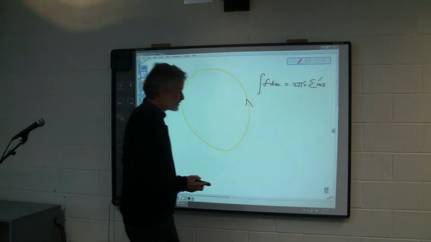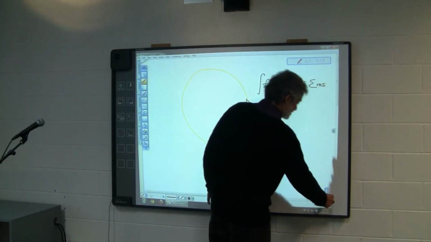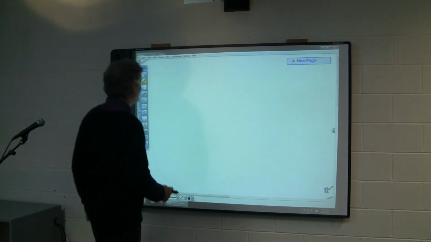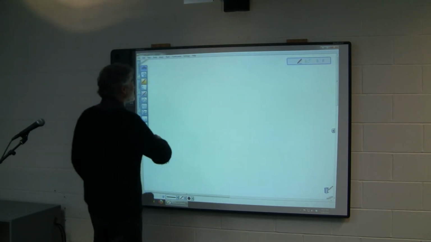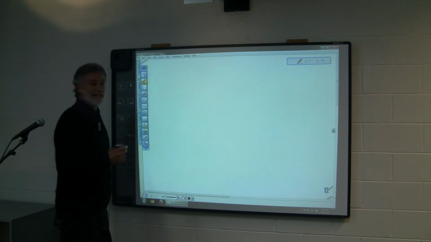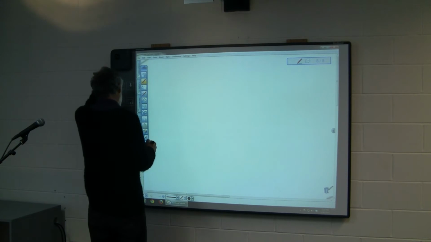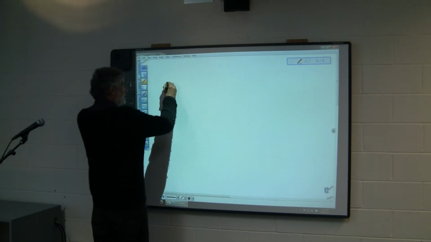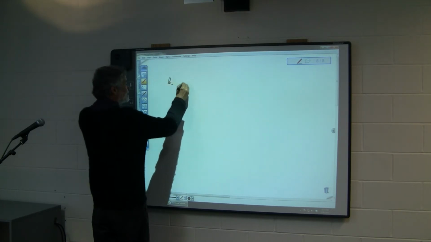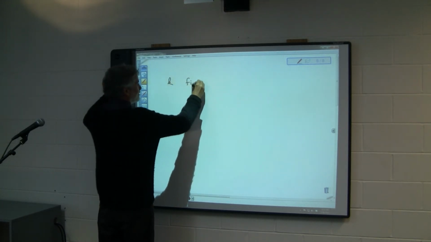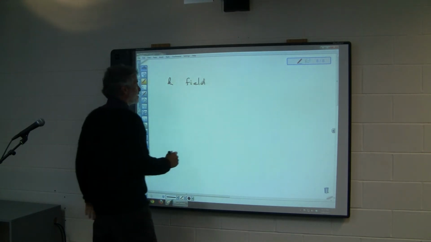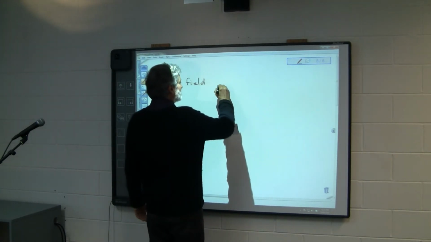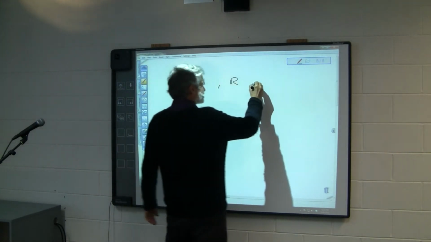I'm not sure I will get to explain what this has to do with complex analysis, but suppose K is a field, and let R be a K algebra.